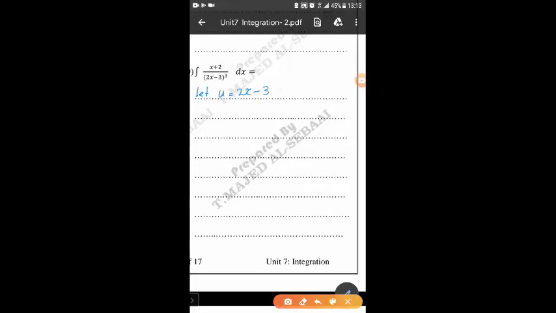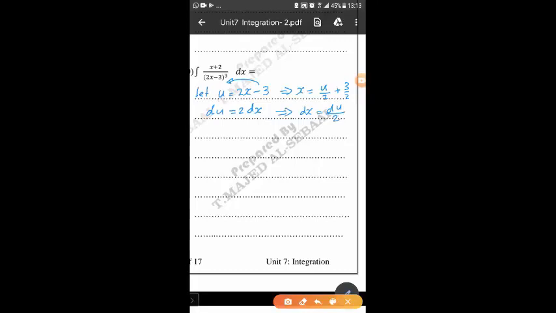That means x is going to be u over 2 plus 3 over 2. Can I do it that way? Changing the subject, I took the 3 to there, then divided by 2. Right? Okay. du is going to be 2 dx. That means dx equals du over 2.